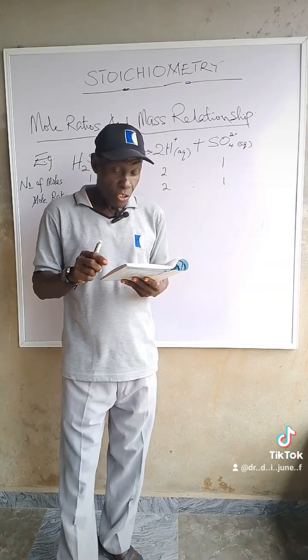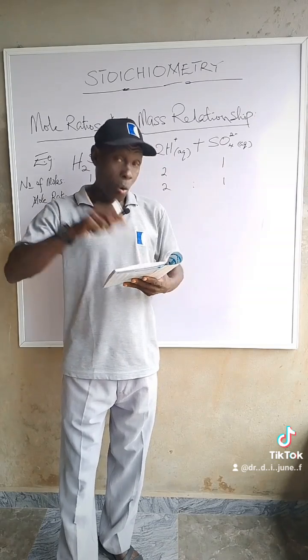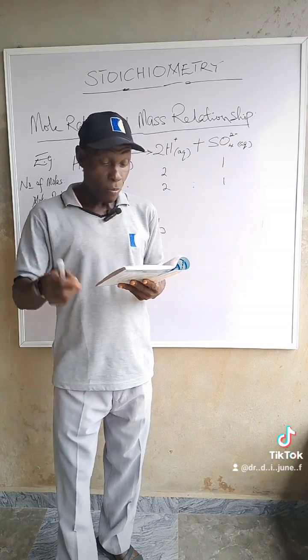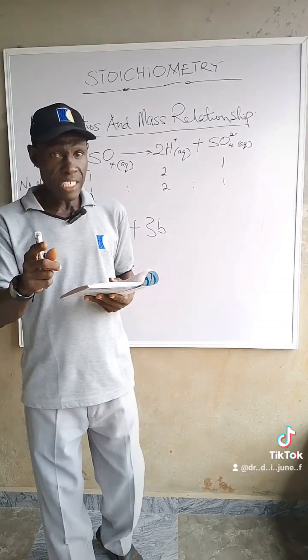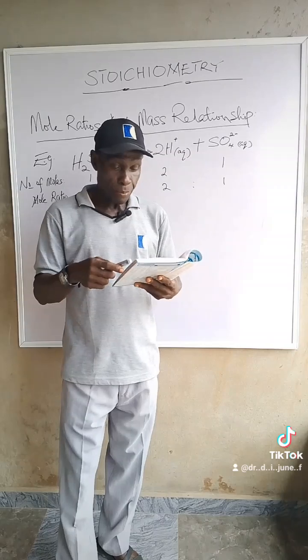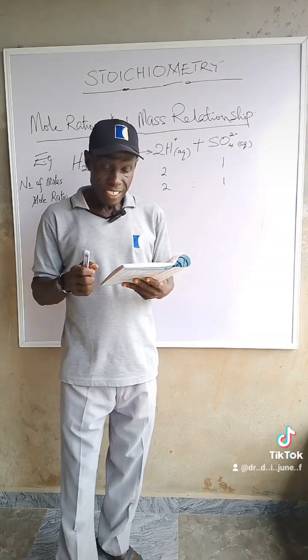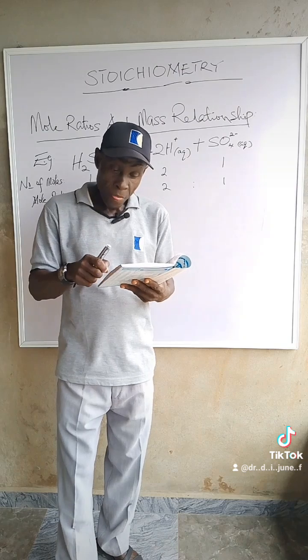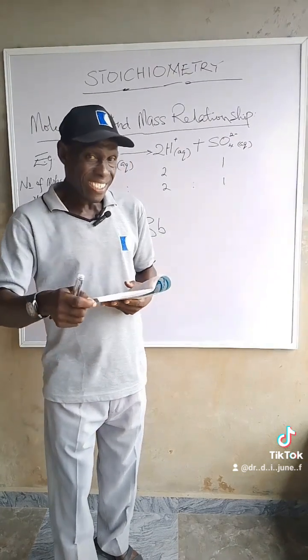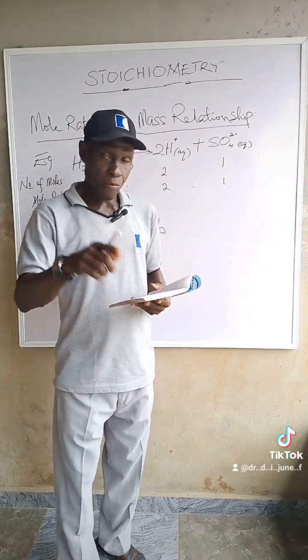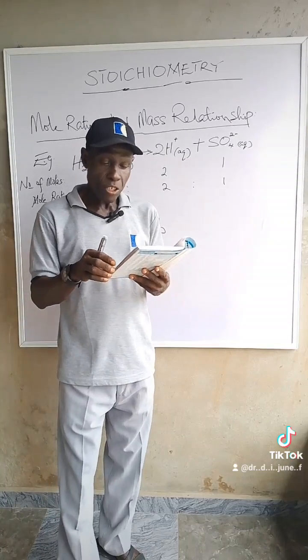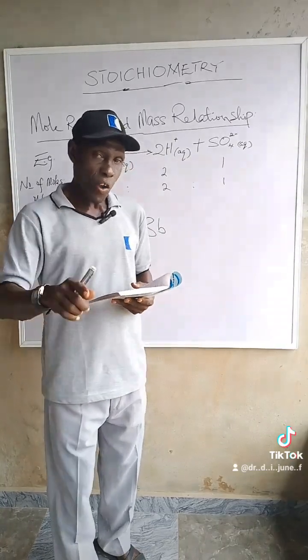So therefore, the mole ratio in which reactants combine and products are formed gives the stoichiometry of the reaction. Can you see it now? The relationship is that the mole ratio in which reactants are combining and the products are formed gives you what is called the stoichiometry of the reaction.